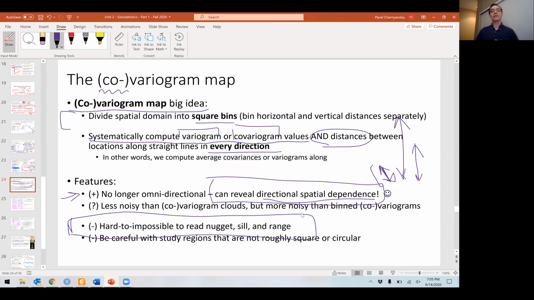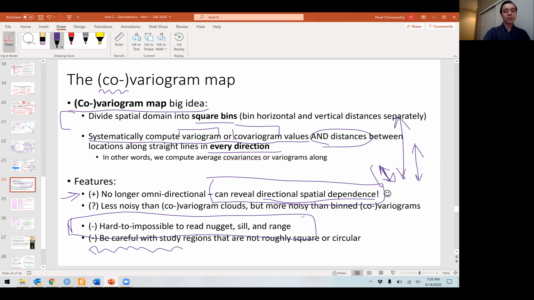So if what you're trying to get is some kind of summary measure per region, don't start with a covariogram or variogram map. And the shape of the region can make weird shapes inside of your covariogram/variogram map. Let's see what one of these looks like.